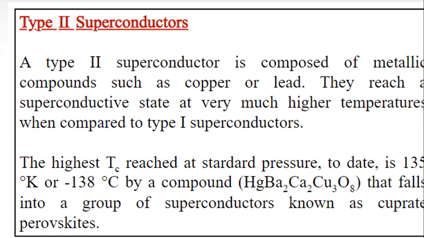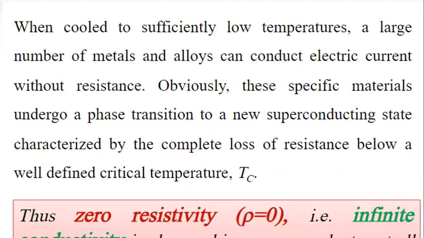When you look at these type 2 superconductors, the temperature is high compared to type 1 superconductors. Here the temperature is found to be 135 Kelvin, that is minus 138 degrees centigrade. This is a combination of materials which becomes a superconductor at this particular temperature.